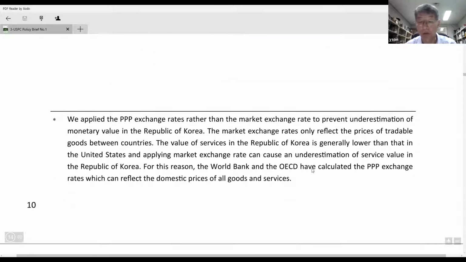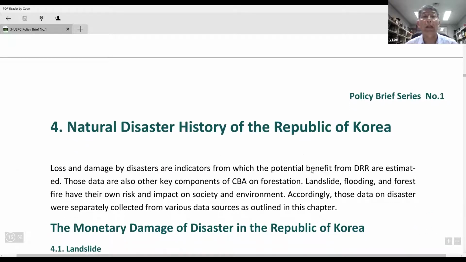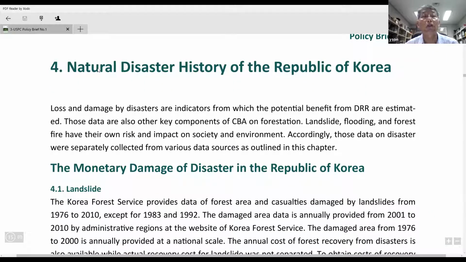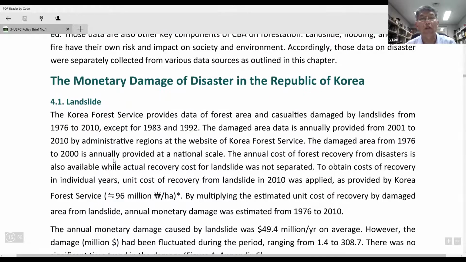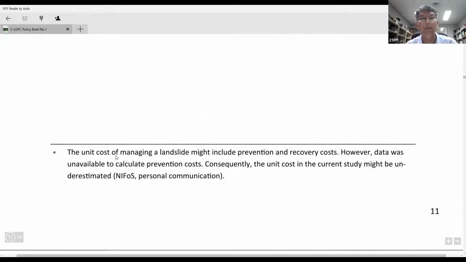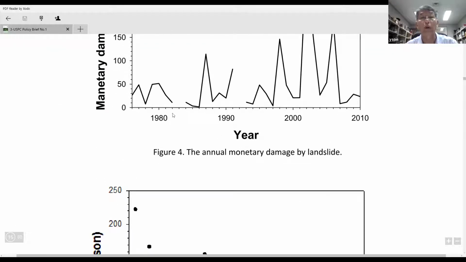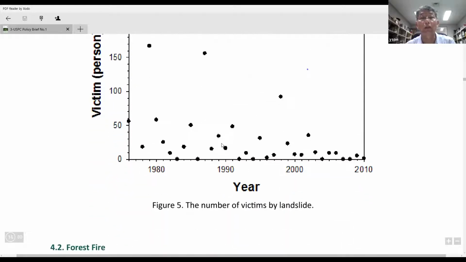That's also important. And here we listed the natural disaster history in the Republic of Korea. Landslide. So I showed this figure already. And this is the number of victims by landslide.